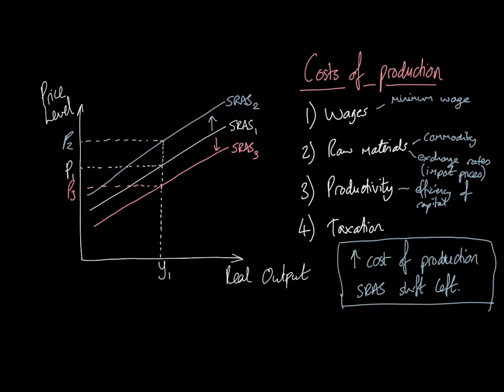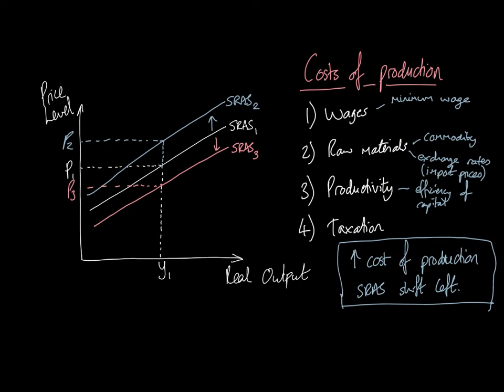So to recap then quickly on short-run aggregate supply, it's an upward sloping straight line, and it shifts left and right depending on the costs of production for firms in general within that economy. And those can be caused by these four factors here: changing the wage levels within the economy, raw material costs for firms within the economy, productivity levels within the economy, and the level of taxation applied by government.